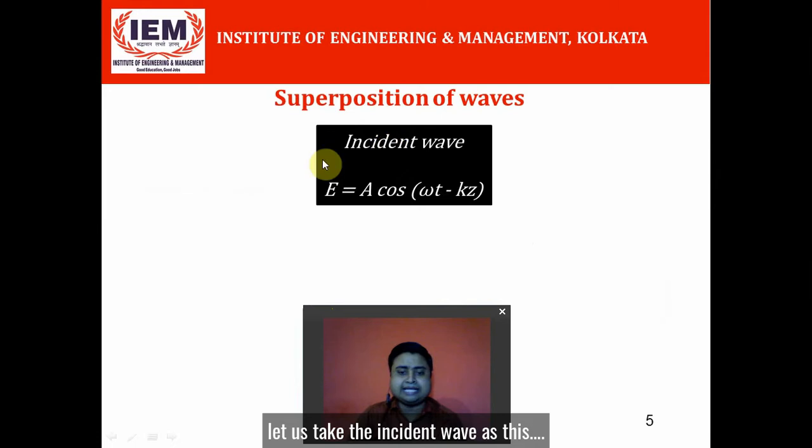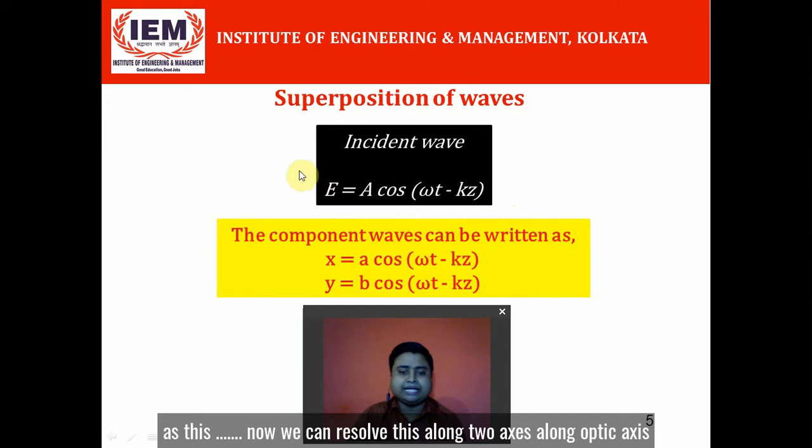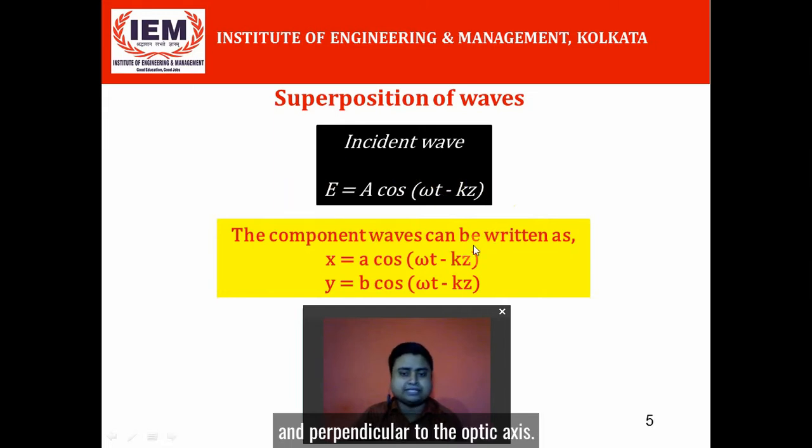Now let us take the incident wave as E equal to A cos(omega t minus kz). It is a propagating wave. Now we can resolve this along two axes, along the optic axis and perpendicular to the optic axis. So x equals A cos(omega t minus kz) and y equals B cos(omega t minus kz).